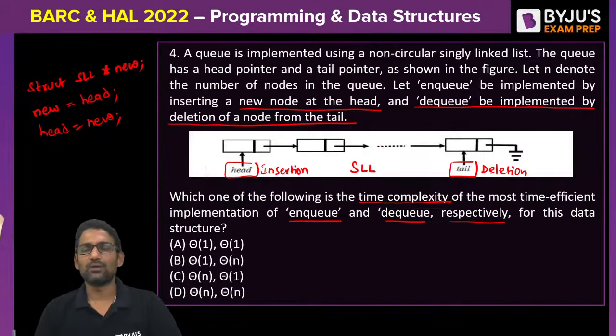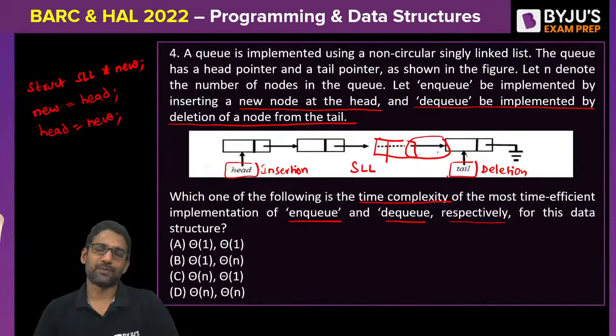That means the element is inserted at head at the beginning. But you want to perform deletion from the tail end. How you can get this tail end? Yes, we have a tail pointer. Directly if I say free tail, the node which is before tail, the last but one node, will still point to the same memory location. Then this becomes a dangling pointer if you don't point it to null.